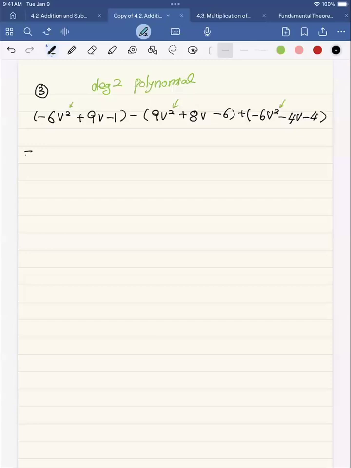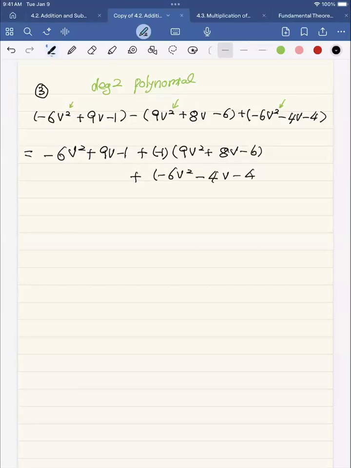We can rewrite this as -6v squared plus 9v minus 1 plus -1 times 9v squared plus 8v minus 6 plus minus 6v squared minus 4v minus 4. So we have to multiply by -1 to the second parenthesis.